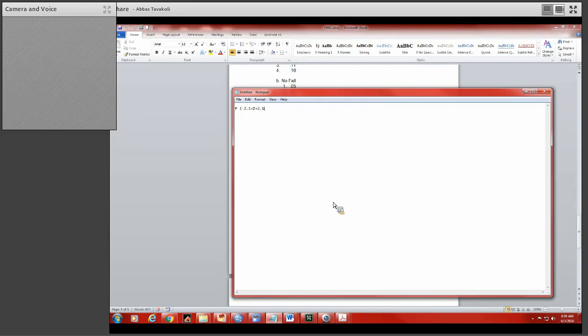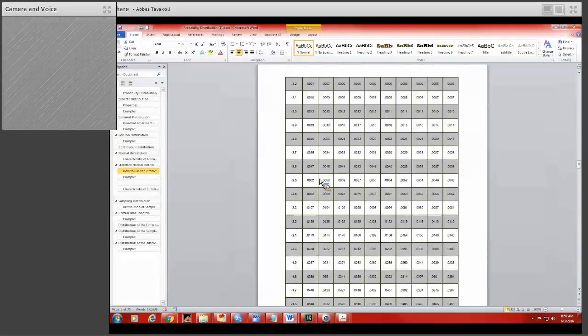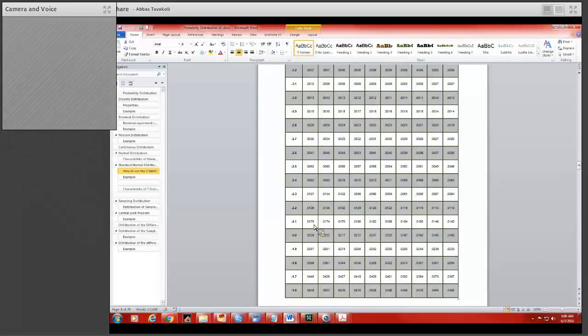When you have two values, probability of z, for example, negative 2.1, negative or positive doesn't matter, and z here would be positive 2.1. That means you first write this as two equations. First, probability z less than 2.1.